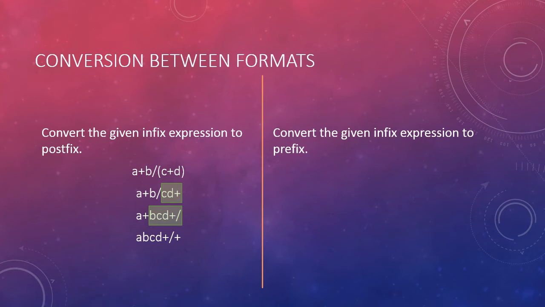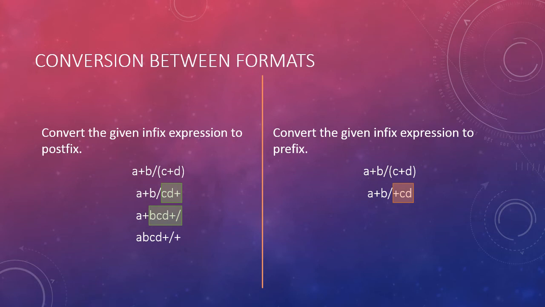Convert the given infix expression to prefix. Again, I use the BODMAS rule and I concentrate on the entities inside the bracket. C plus D. In prefix, I will write it as plus CD. Now consider everything in the orange box to be one number, and it will become one number after evaluation.